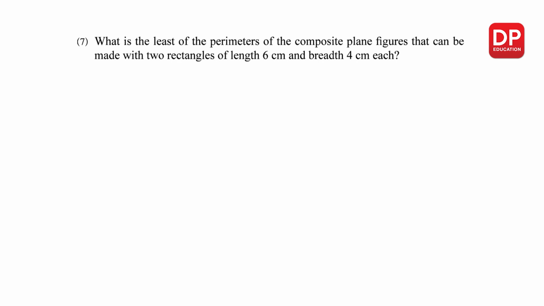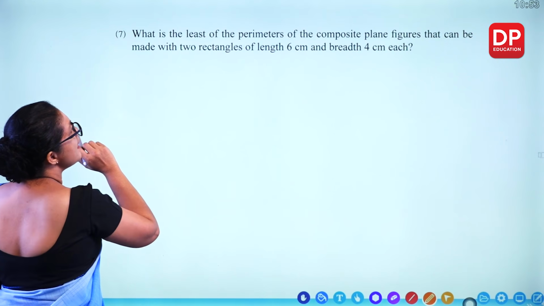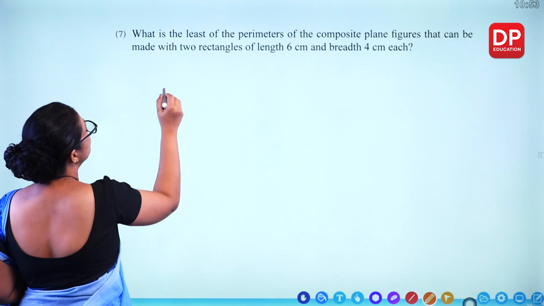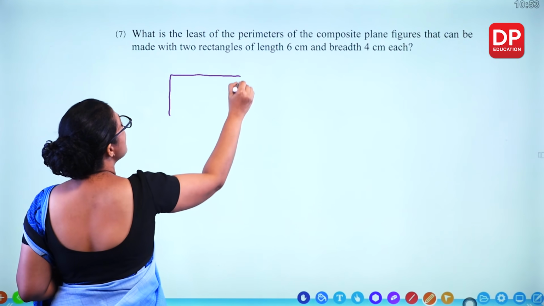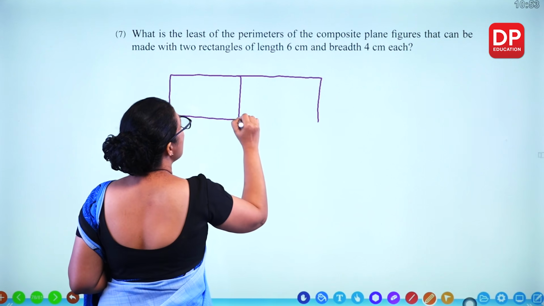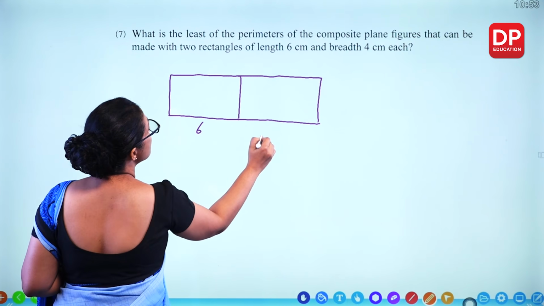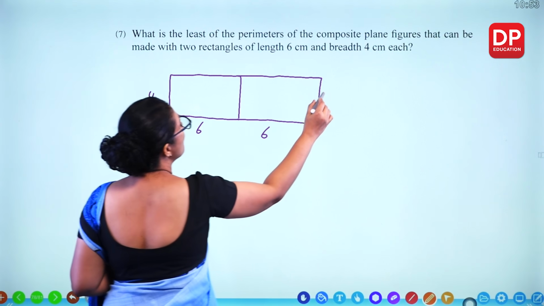Look at this one. Question number 7. What is the least of the perimeters of the composite plane figures that can be made with 2 rectangles of length 6 and breadth 4? So when you take 2 rectangles, either you can combine like this with the breadth side, so 6, 6, 4, 4.